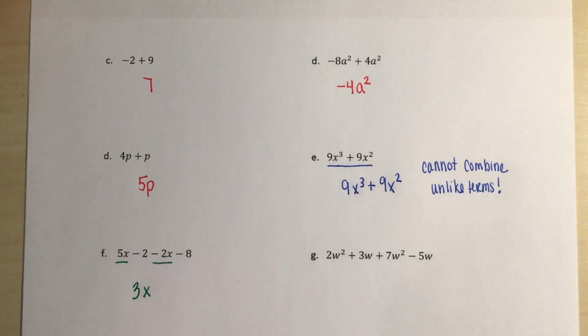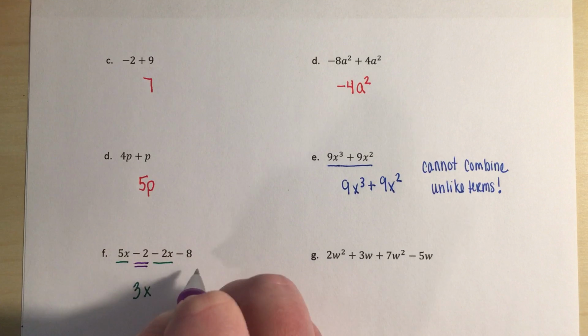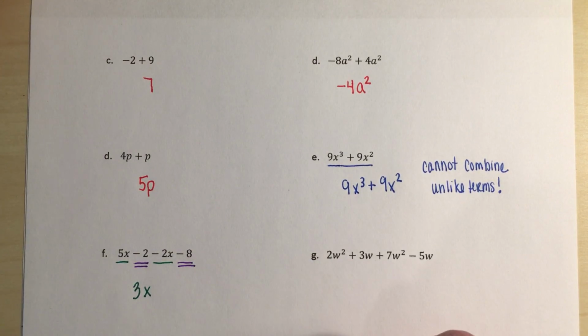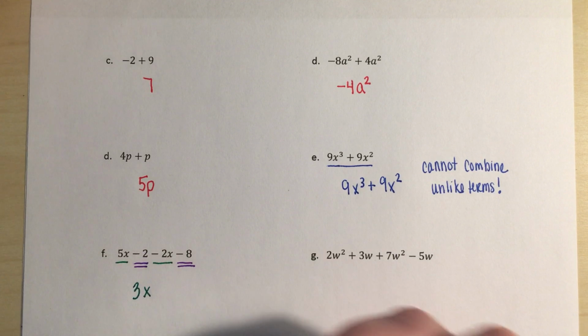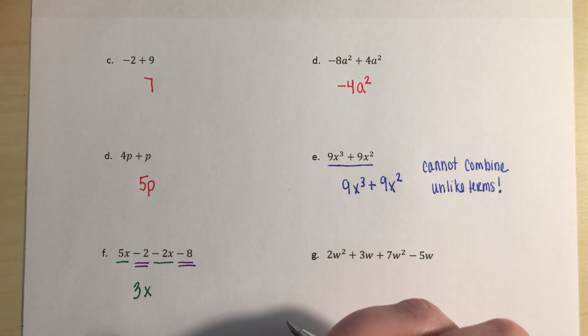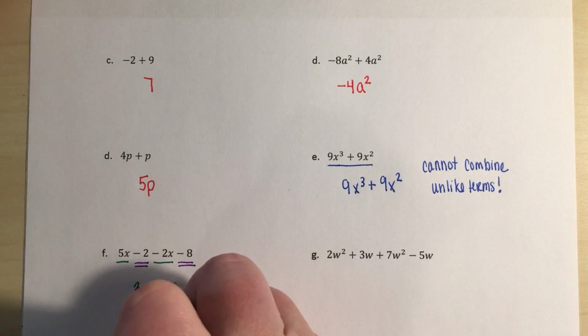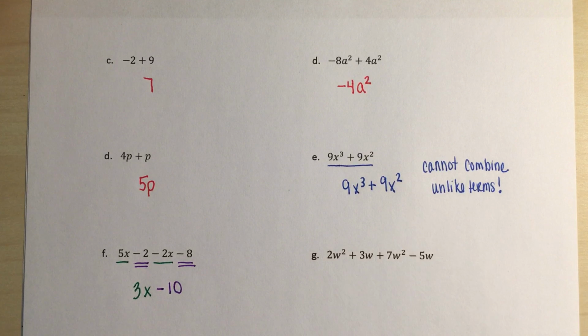Then our other two terms are just numbers. Remember, we call these constants. So negative 2 minus 8. We have a negative 2 and a minus 8, or negative 2 and negative 8, however we want to think about it. They have the same sign, so we're going to add them. That's going to give us 10. And they're both negative, so the 10 stays negative.